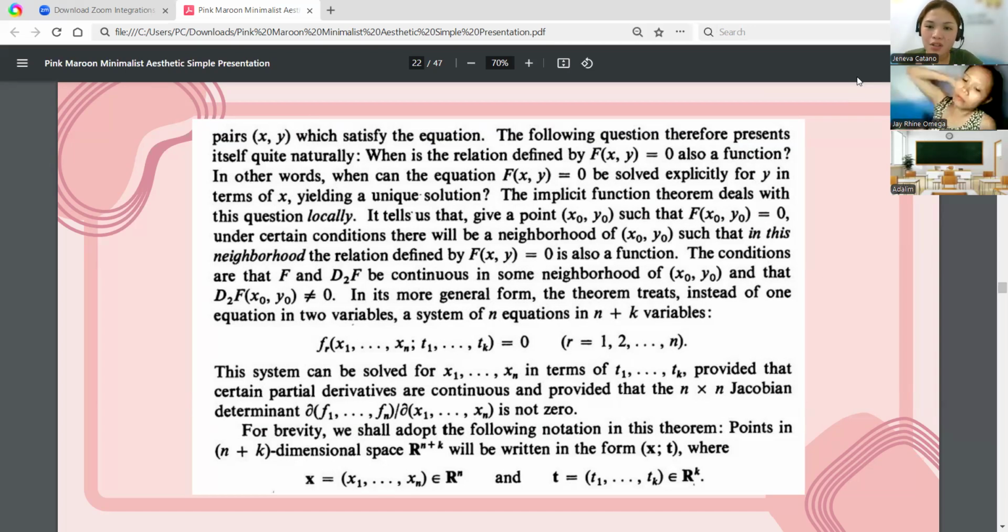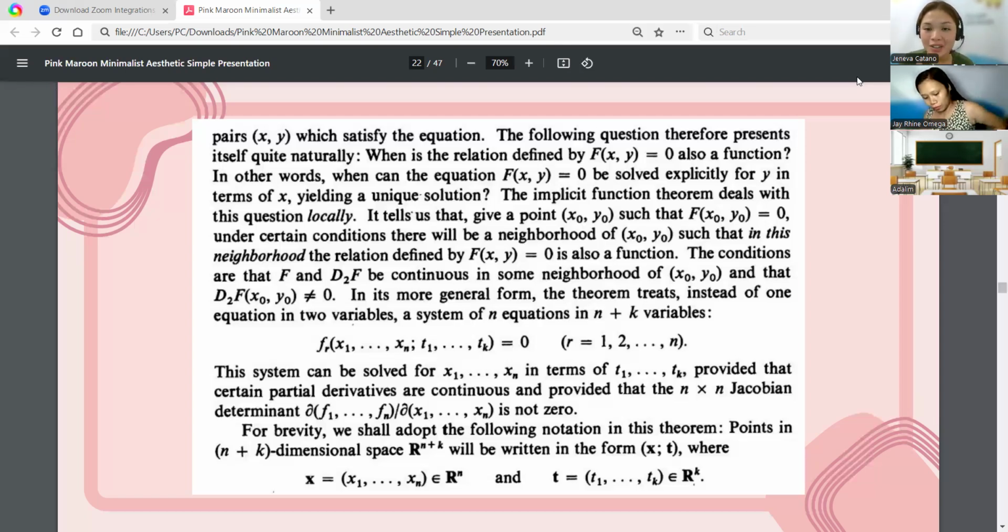Okay, please next, Max. The following question therefore presents itself quite naturally: when is the relation defined by f of x and y equals 0 also a function? In other words, when can the equation f of x and y equals 0 be solved explicitly for y in terms of x, yielding a unique solution?